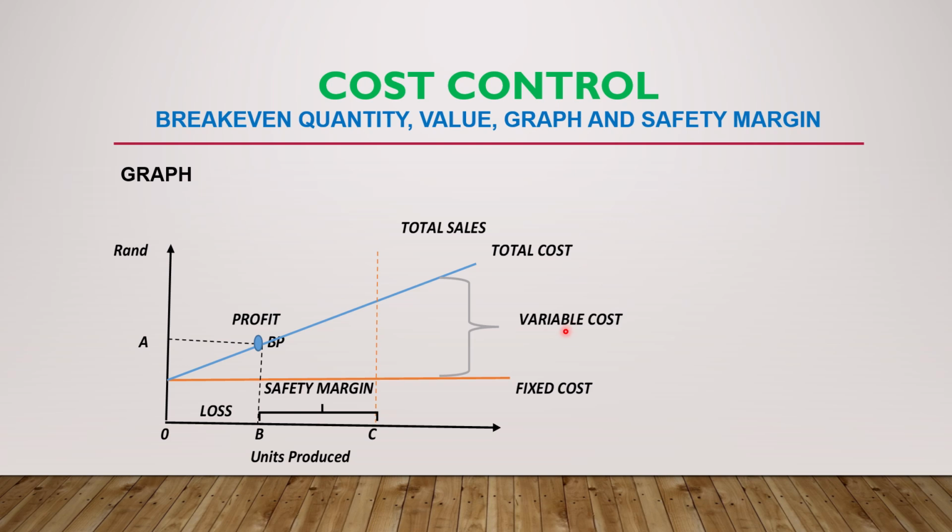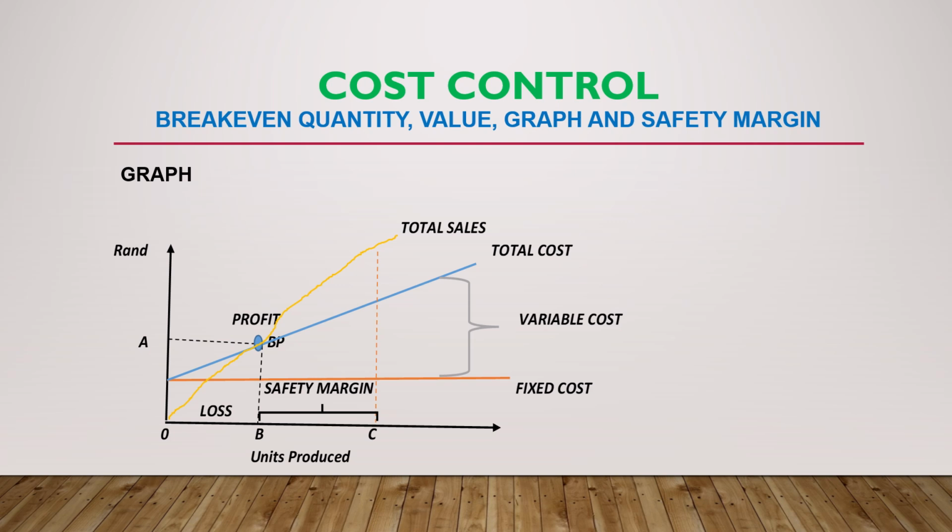And then the fourth thing that you need to do is your total sales graph, which must always start at 0. It must go up there, yeah. Okay, so your total sales graph.